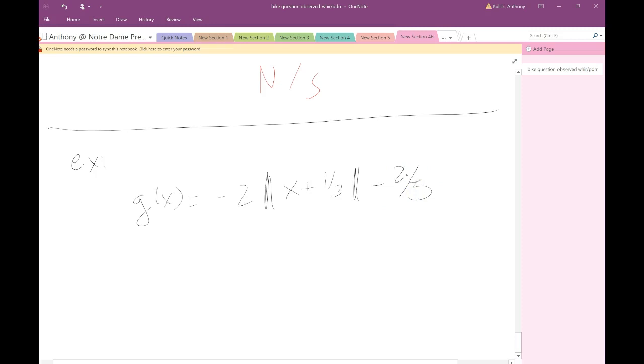So imagine we have fractions here, and we're asked to graph this thing. So the vertex, that's still not hard to come up with. It's 1/3, negative 2/5, right? But now, if I wanted to pick values that are going to be symmetric here, I'm having to deal with fractions, right?